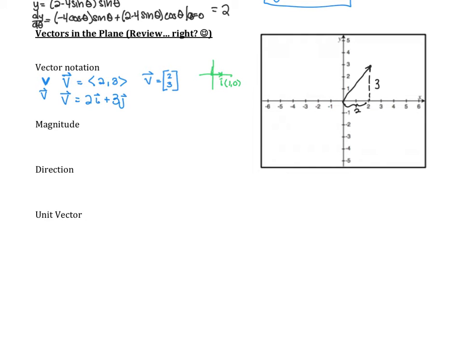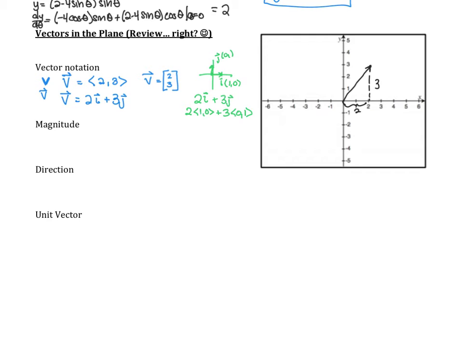And then j is a vector that goes to (0, 1). And so therefore, when we say 2i plus 3j, what we're doing is 2 times the vector (1, 0) plus 3 times the vector (0, 1). And that's where we get (2, 3) from.